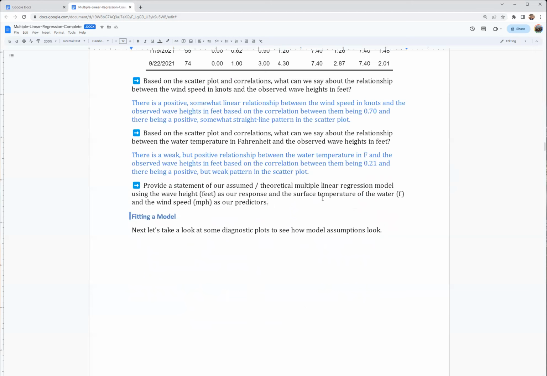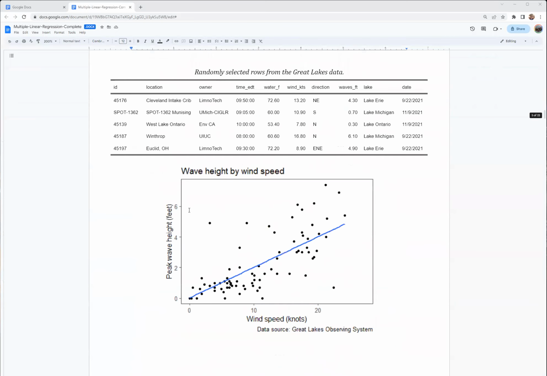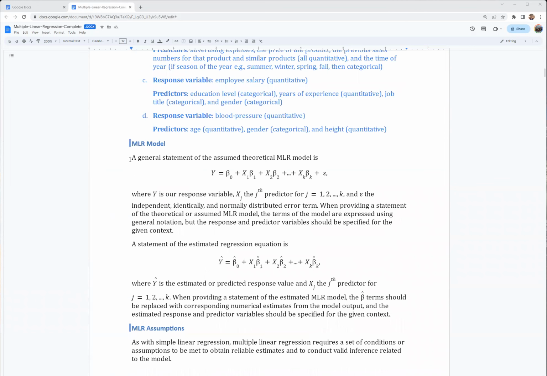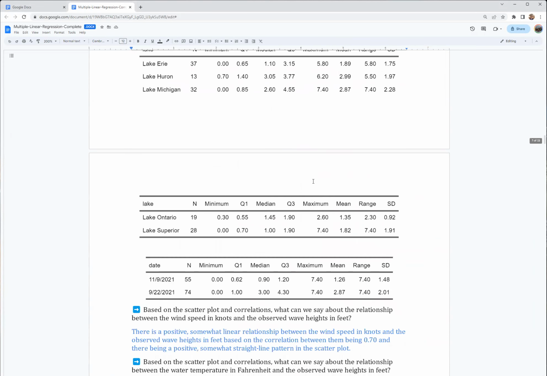Okay. So let's get a statement of our assumed model, using the wave height in feet as our response variable, and the surface temperature of the water and the wind speed as our predictors. So let's copy the blueprint of the assumed model and paste this down here.